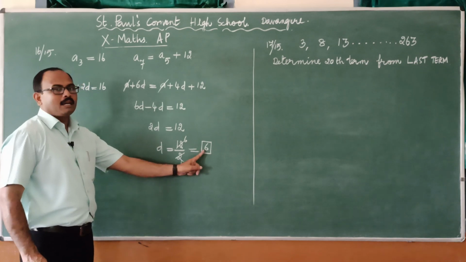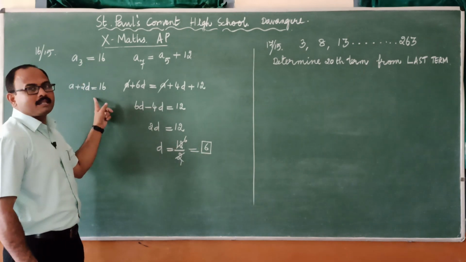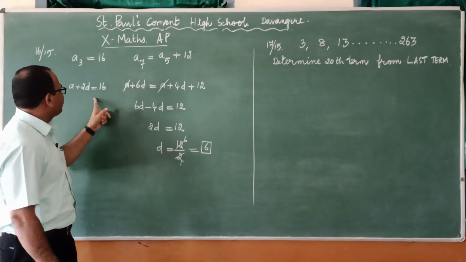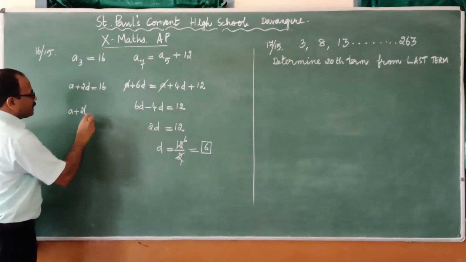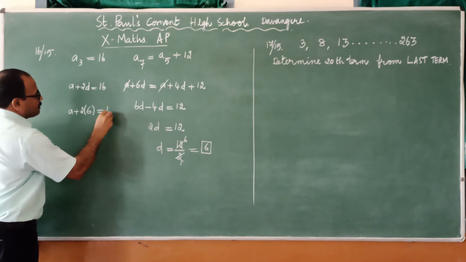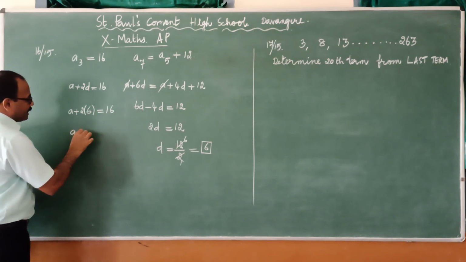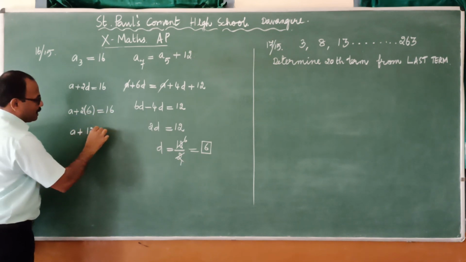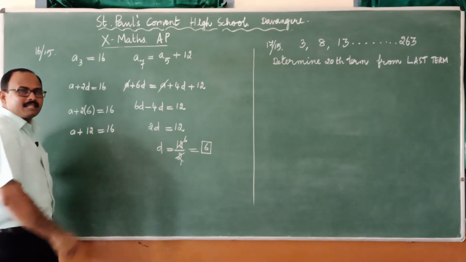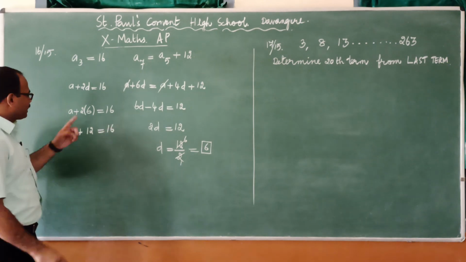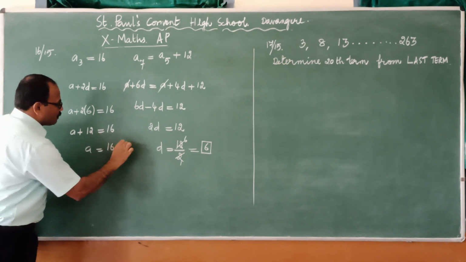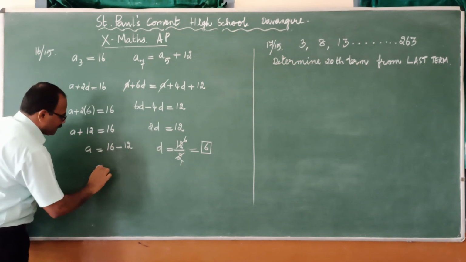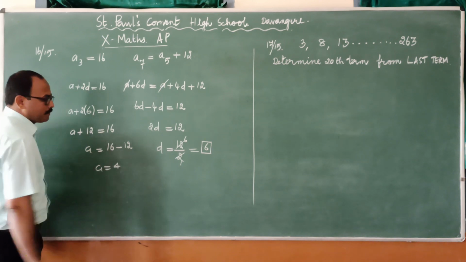Take this value and substitute in the first equation. We get the value of a. a plus 2 into d, which is 6, will be equal to 16, children. a plus 12 is equal to 16. This is a linear equation in one variable, children. a is equal to 16 minus 12, because of transposition, a will be equal to 4.